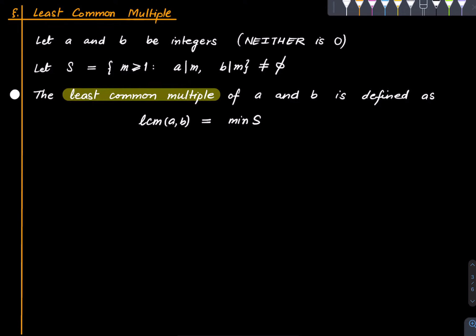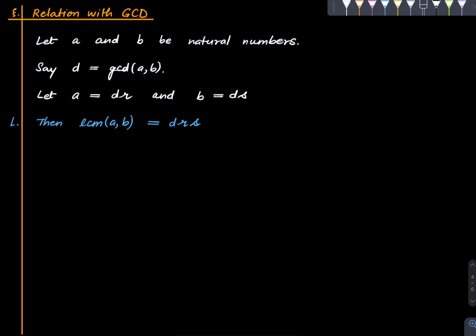All right. So let's see what is its relation with the greatest common divisor. Fix two natural numbers a and b, and let's say d is their greatest common divisor. So we can write a as d times r and b as d times s for some natural numbers r and s. Then we claim that the LCM is d times r times s. This is very simple.